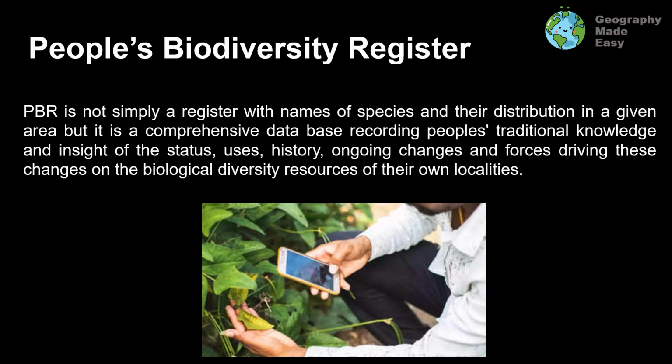What can we do to understand that biodiversity is important? We as individuals can do a kind of documentation which is called the People's Biodiversity Register. The People's Biodiversity Register or PBR is a register with names of species and their distribution in a given area, so that you can get a comprehensive database for understanding the status of the species, the history, and the changes.